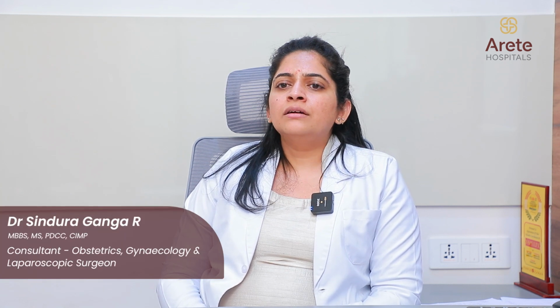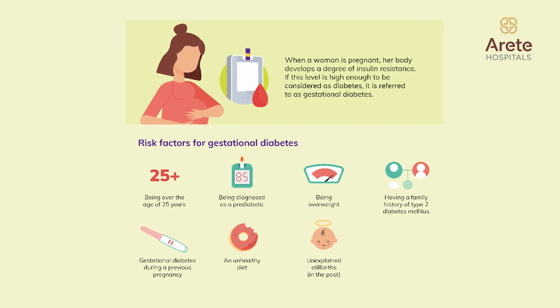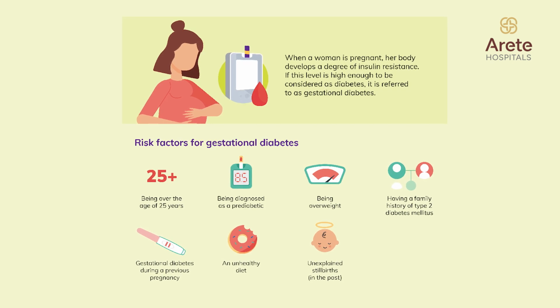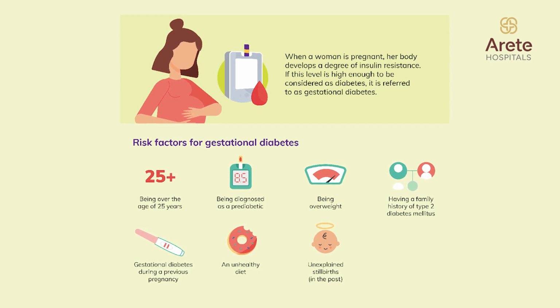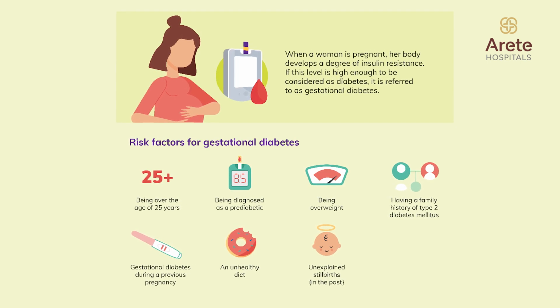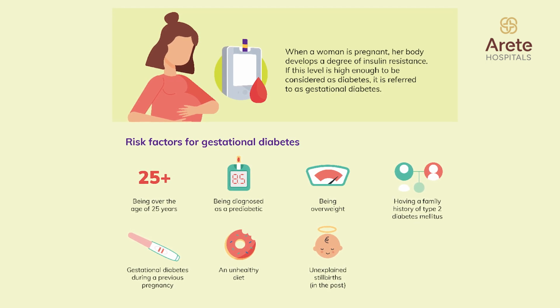Mothers who have a high pre-pregnancy BMI, or mothers who are on the obese side before they become pregnant, or the ones who already have polycystic ovarian syndrome, or mothers who gain excessive weight during their pregnancy are at risk of developing GDM. If there is any family history of diabetes, they are also at risk of developing gestational diabetes. Why is gestational diabetes important?